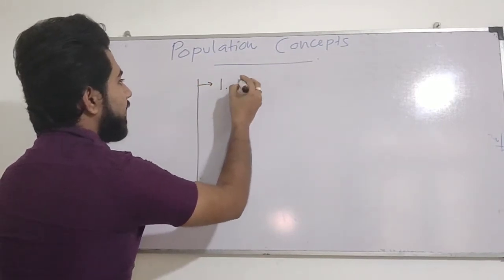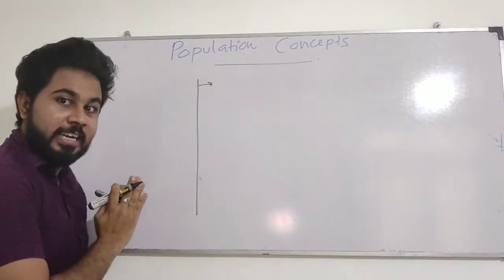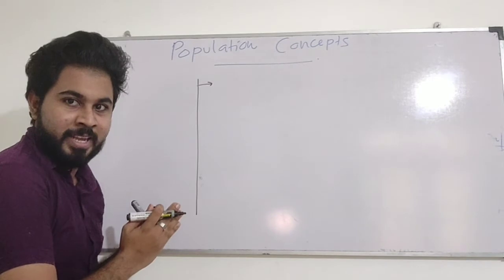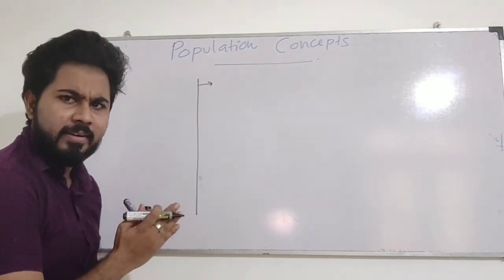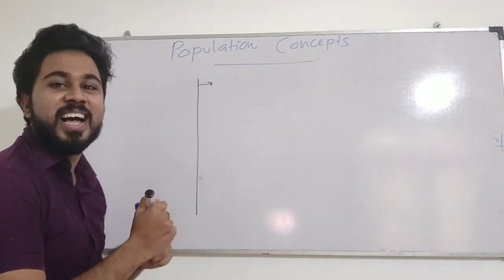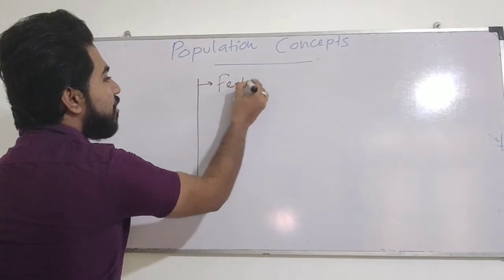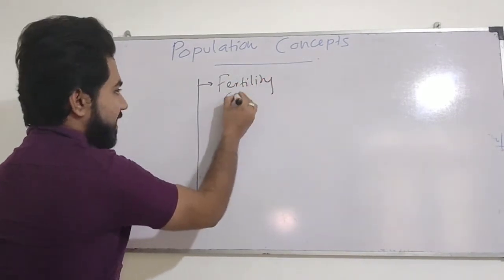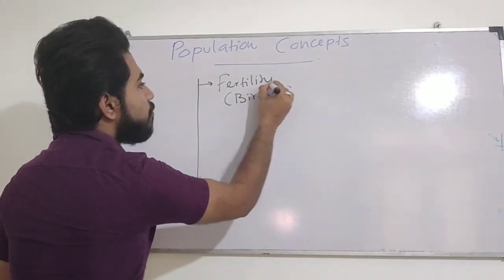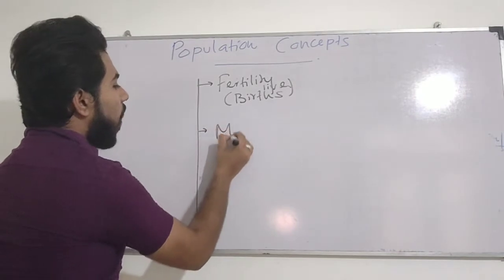Now we'll align this with the factors that we have learned so far. In the last video, I told you that the population size will vary as a result of 3 main factors. What are the 3 main factors? First one, fertility. Fertility means births, live births. And the second one is mortality.